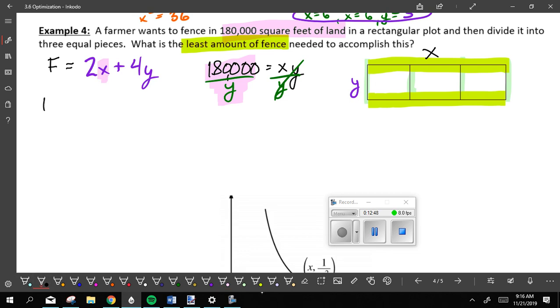F is going to be equal to 2 times 180,000 over Y plus 4Y. Simplify.